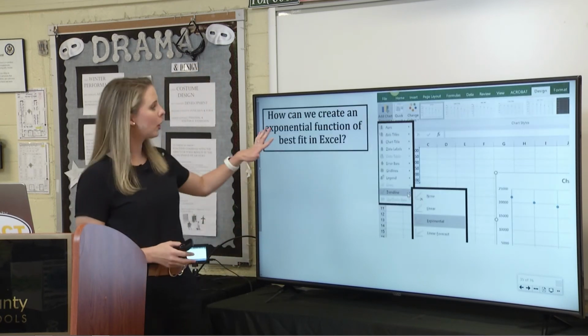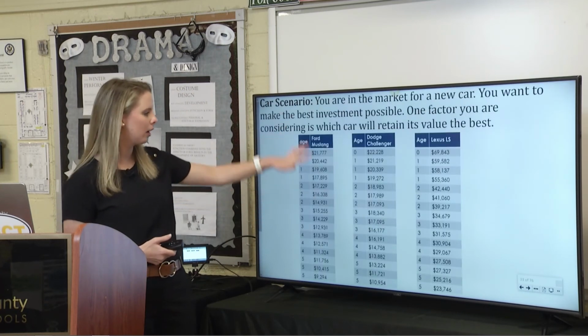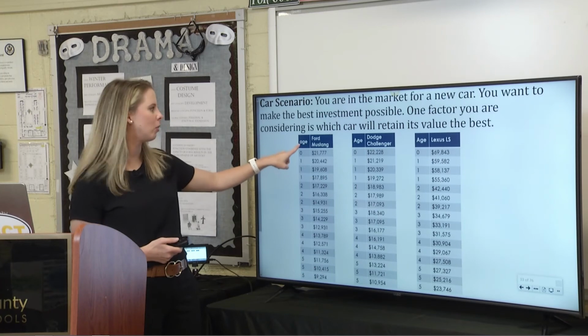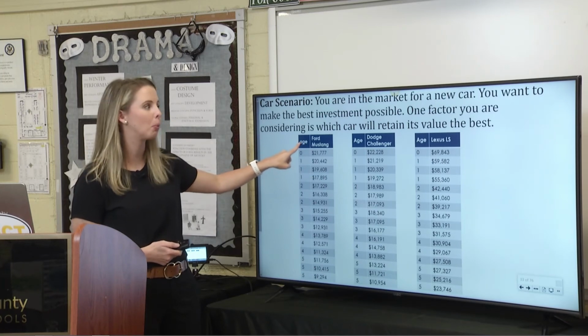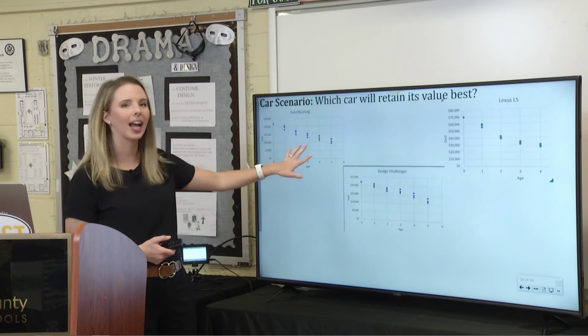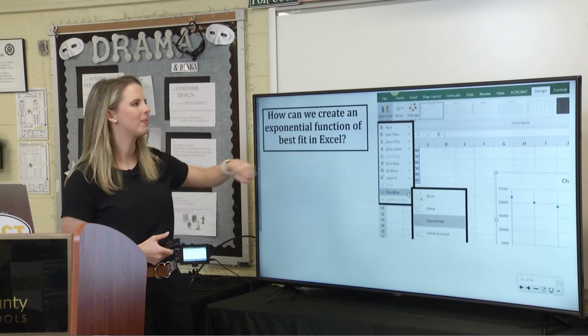Now, what you're going to do is you have your table of values just like what we had here in Excel. And you need the age. If you notice, I put age here, not year, and that was important. It's going to create your scatter plot, right? You're going to have your scatter plot selected on your Excel document.